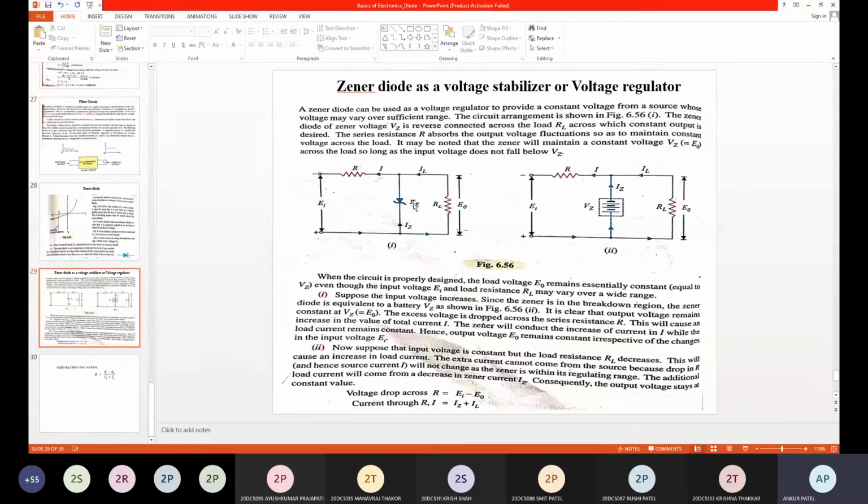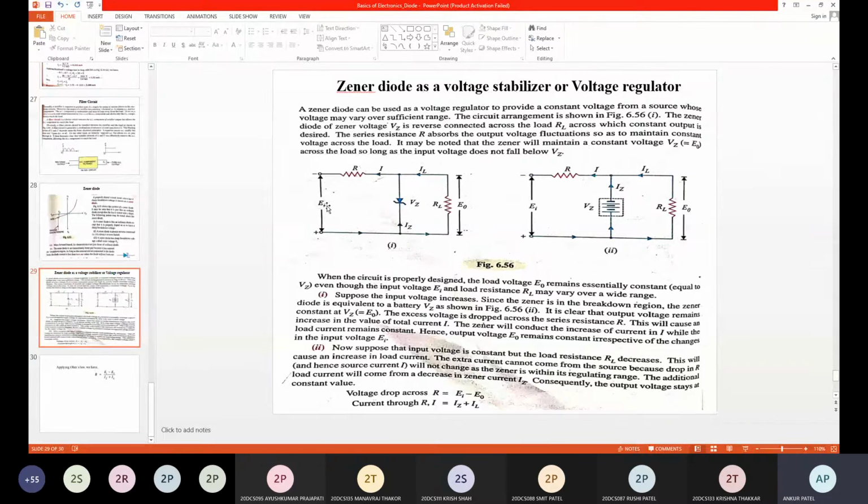So we can maintain this E0 equal to Vz by this series resistance. It may be noted that Zener will maintain constant voltage Vz equal to E0 across the load as long as input voltage does not fall below Vz.